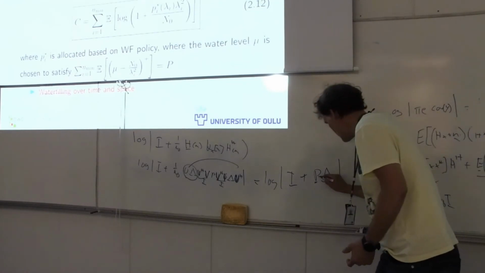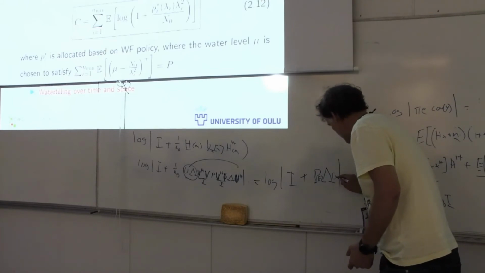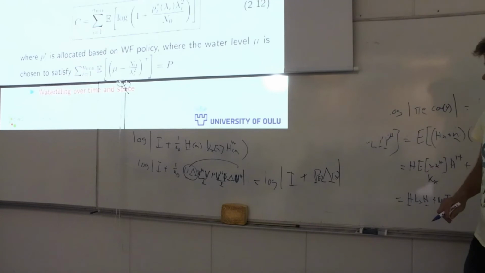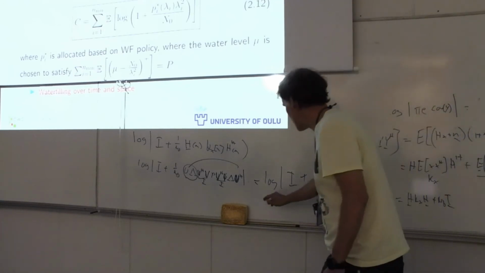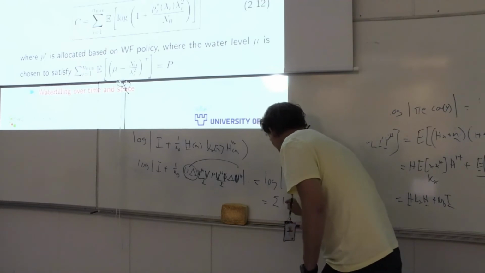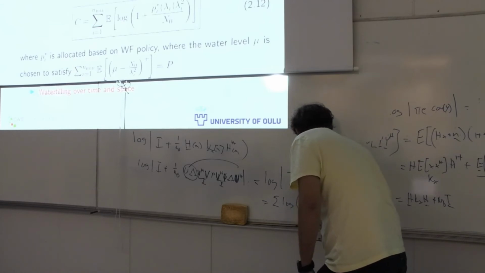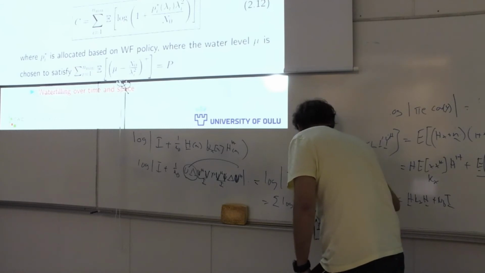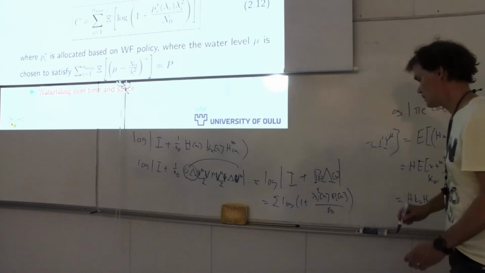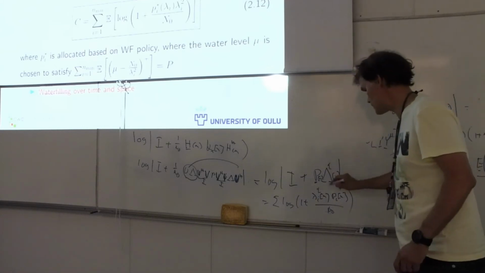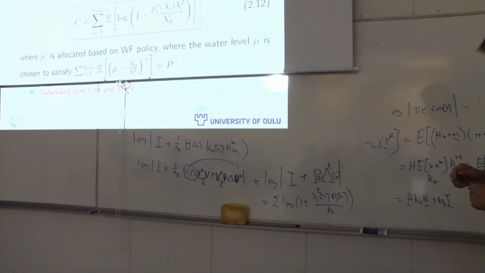Now we also have to add the time indices. So you can write this equivalently as the sum of log of 1 plus lambda i of n times p i of n over N0, with lambda squared.